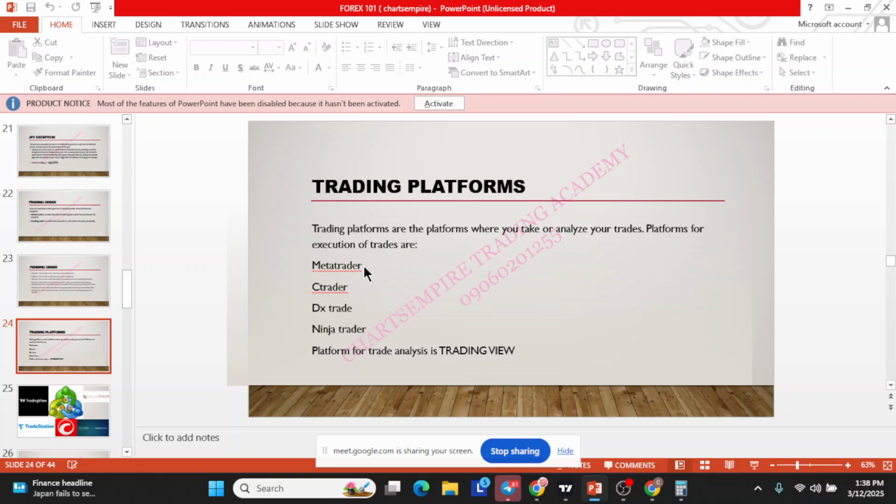Okay, and another software we'll be using is TradingView. We are using TradingView to analyze. This is where we make use of our technical tools to speculate what we are expecting the market to do, and then we react to that based on how the market is presenting itself to us.